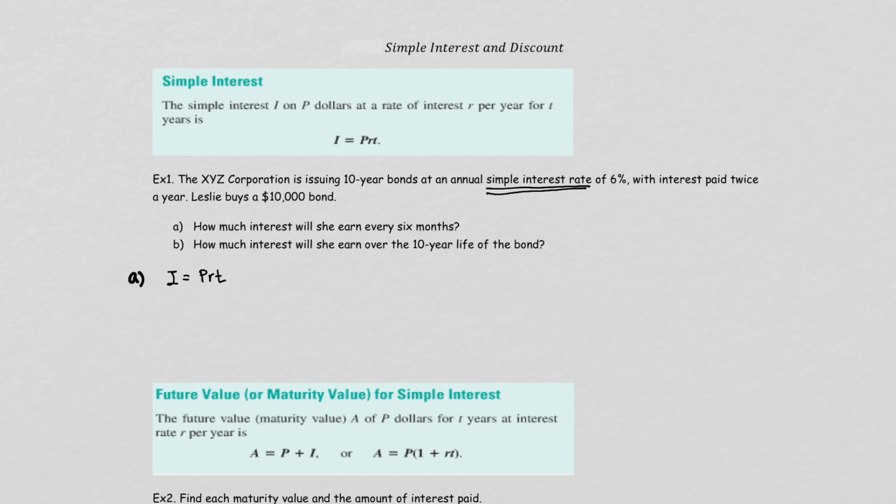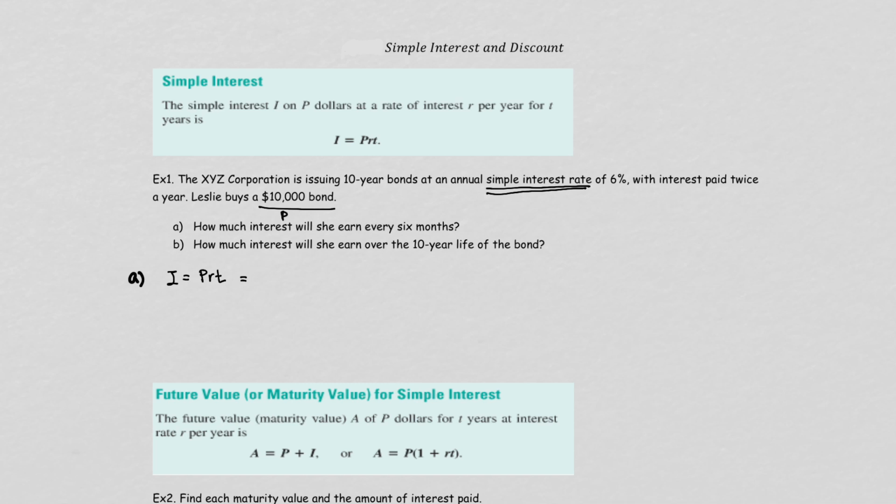This time we're using the simple interest formula. So let's see what the principal is. It's how much Leslie is going to pay to buy the bonds, so $10,000. That's your P, principal.